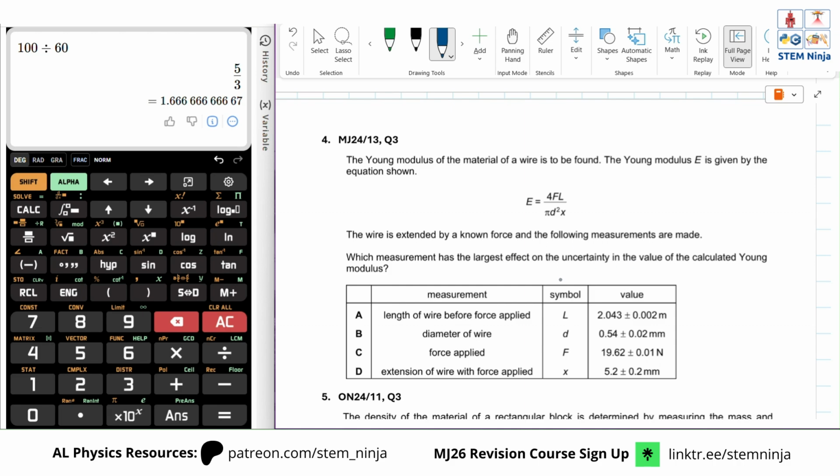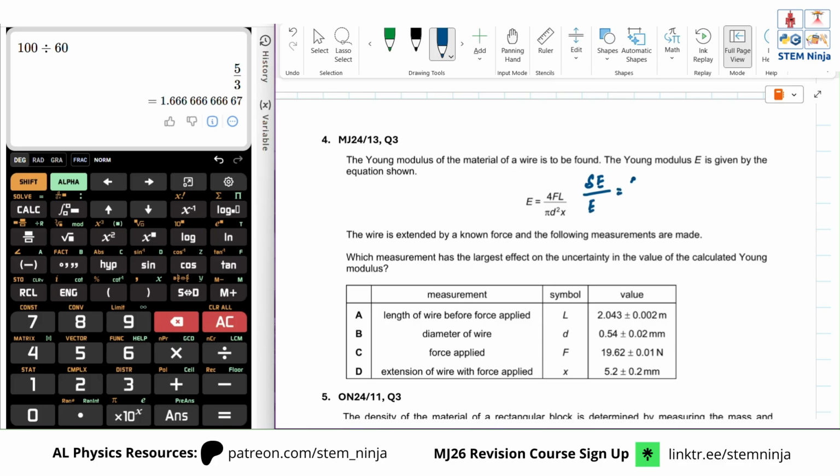Now, the largest effect would be coming from the percentage uncertainties, shown in the high value of percentage or fractional uncertainty.